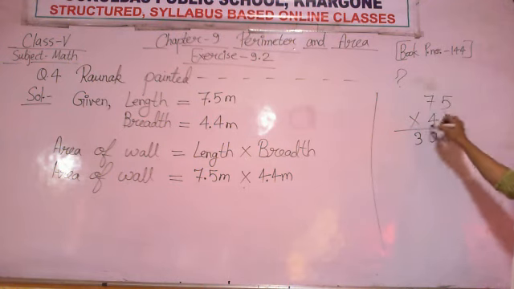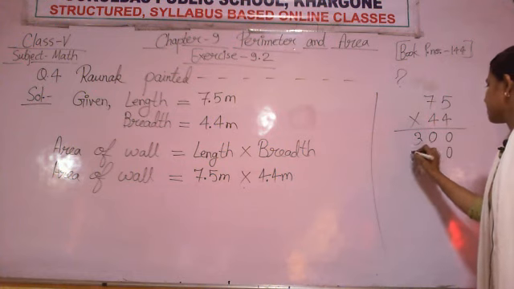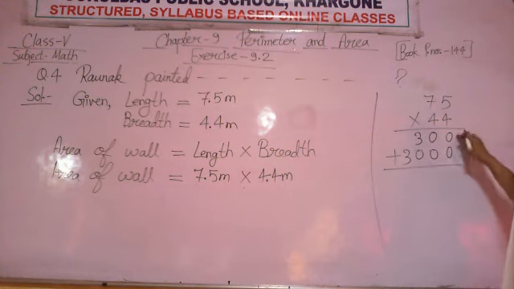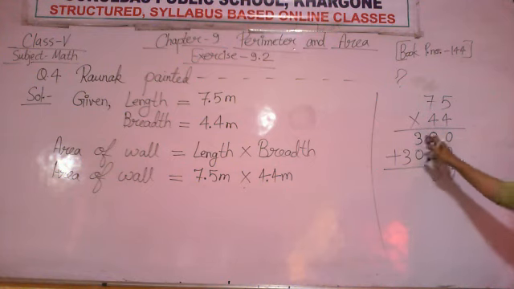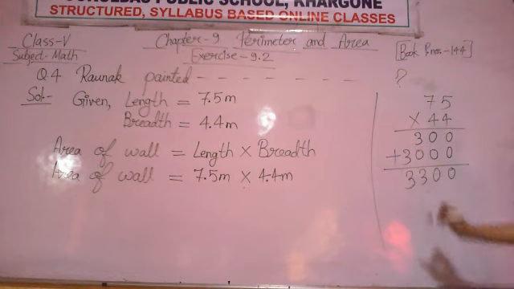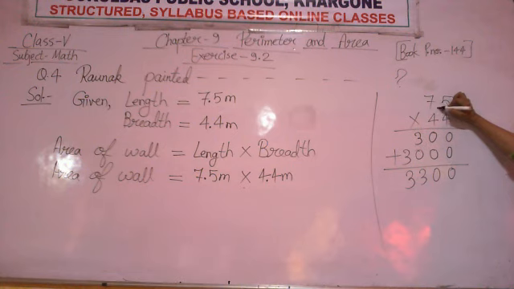Now tens place will get multiplied with 75. Add both the results. Always start adding from the ones column. So 0 plus 0 is 0, 0 plus 0 is 0, 3 and 3. Okay. Now as the numbers are decimal numbers, so put decimal accordingly.